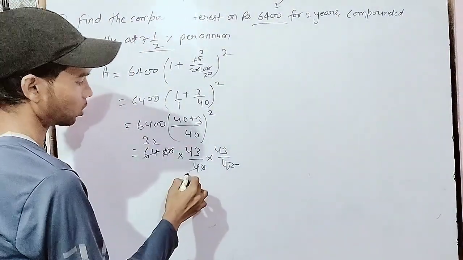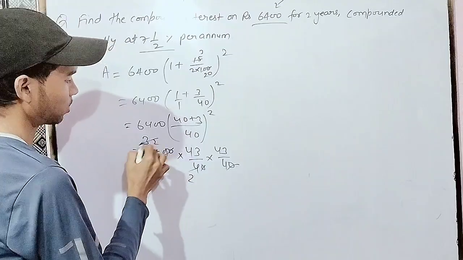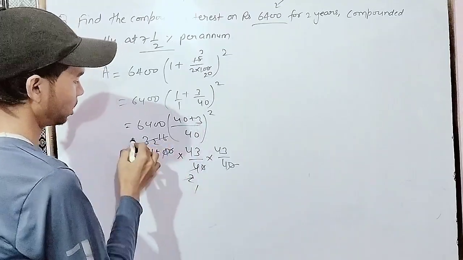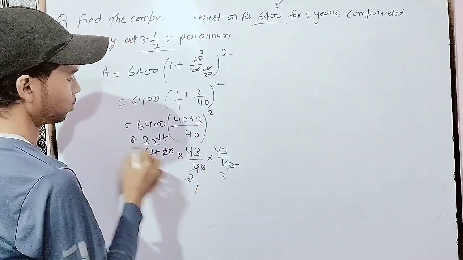30 2s are 2, 2s are 60, 2s are 8, 2s are 2, 4s are.